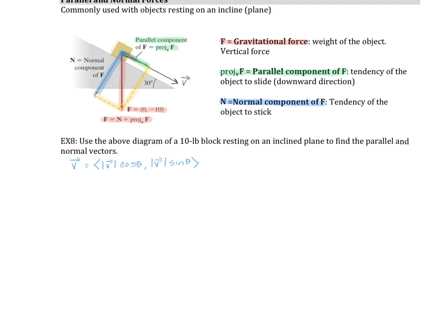So when we look at this vector v, you can look at it as having this theta angle. If we look at v as coming down at a negative 30 degrees, because we're always doing that in mathematics.